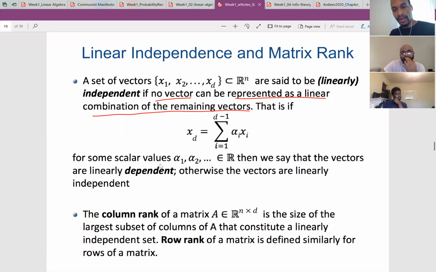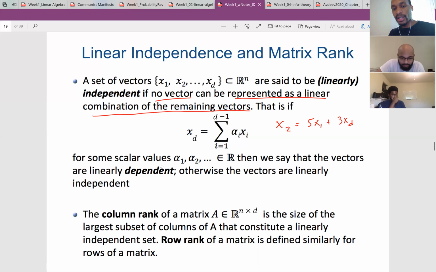For example, if I have x1 through xd, and I can represent x2 equal to 5x1 plus 3xd, whatever, some combination. It doesn't have to use all of them, and it would just be 0 for the rest, right?